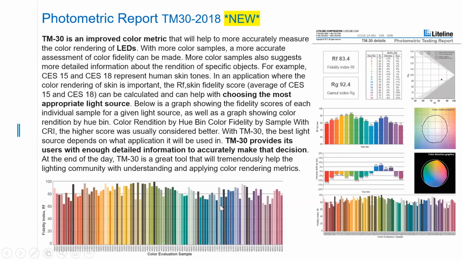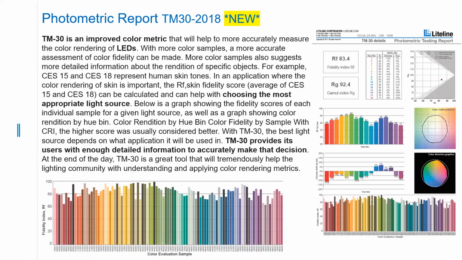And those 99 hues are binned, so they're put into subcategories called hue bins. So TM30 allows us to provide measurements on a fidelity index and on a gamut index. Essentially, fidelity and gamut are your indicators for vividness or saturation.